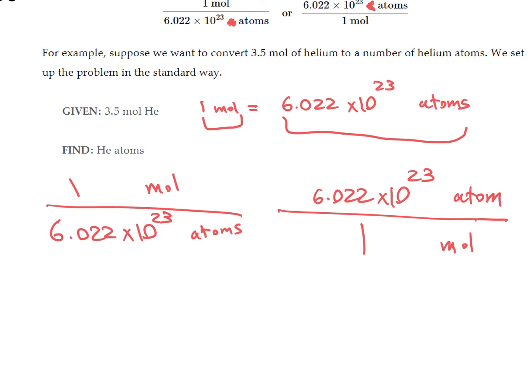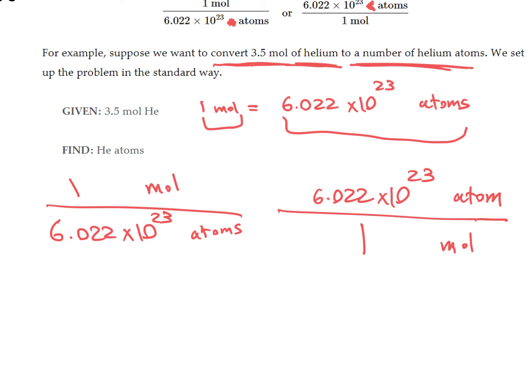It says we want to convert 3.5 moles of helium to a number of helium atoms. Can you tell me what helium was? Was it a molecular element, atomic element, molecular compound, or ionic compound? Atomic element, right?